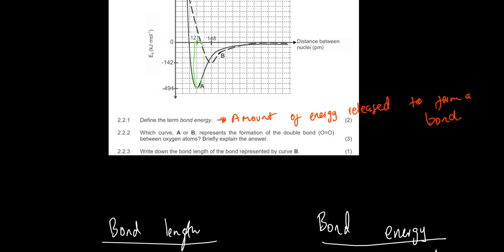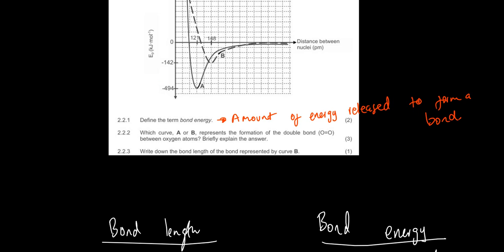This is the bond energy for A, and this is the bond energy for B. For B, that means it's minus 142 kilojoules per mole. This one is around minus 494 kilojoules per mole. That minus just tells us that it is energy released. That's why it's minus.